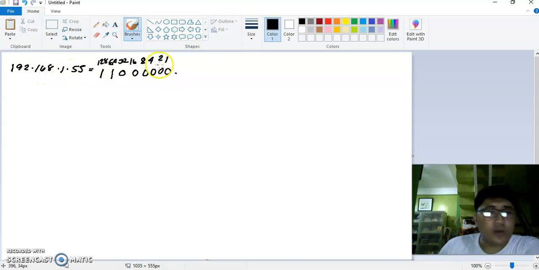Next, we get the 168. We use the 128 again. If we add 64, that is 192, which is greater than 168, so we will not use 64. Let's try adding 128 plus 32, which gives 160, which is still less than 168, so we can use the 32.